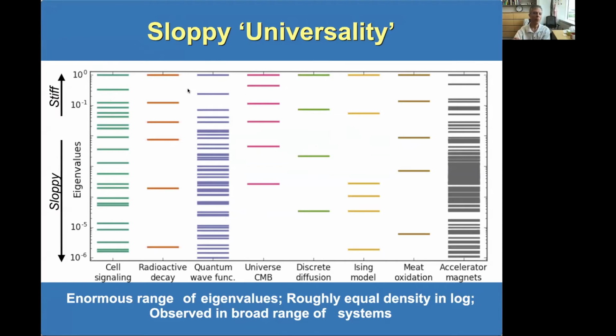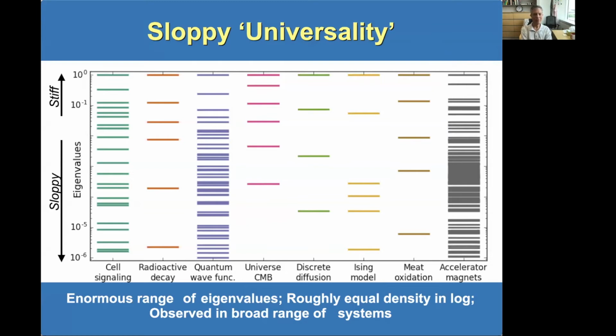This is a quantum wave function used in quantum Monte Carlo, our best, most accurate way of calculating electronic properties of small molecules, and it's sloppy. Here's the model of Cornell's particle accelerator, and you can change the knobs like mad, and only a few combinations of knobs really matter, and all the rest are basically unimportant for the behavior.